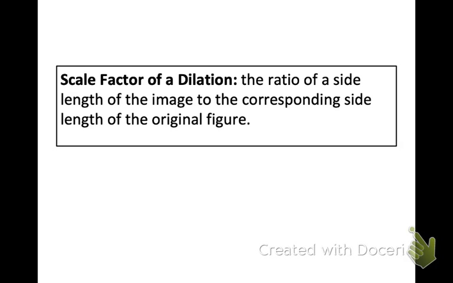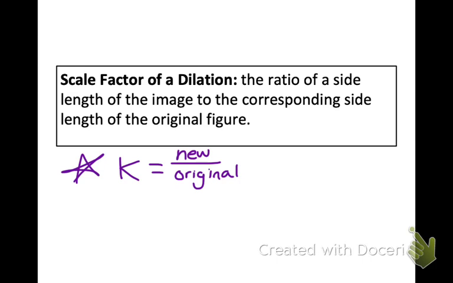So you guys remember what letter we were using for scale factor? K, right? So in the margin on the right-hand side, you might want to put a little star and write something like K in this case is equal to the new over the original, which is opposite of what we had in the beginning of this chapter. Okay, so now we're doing new over original.